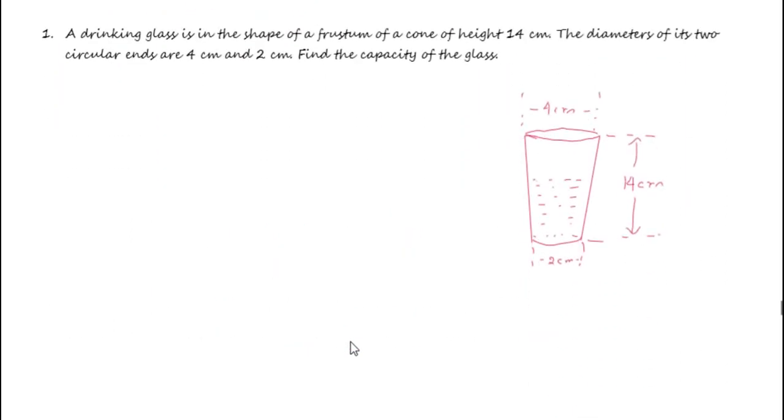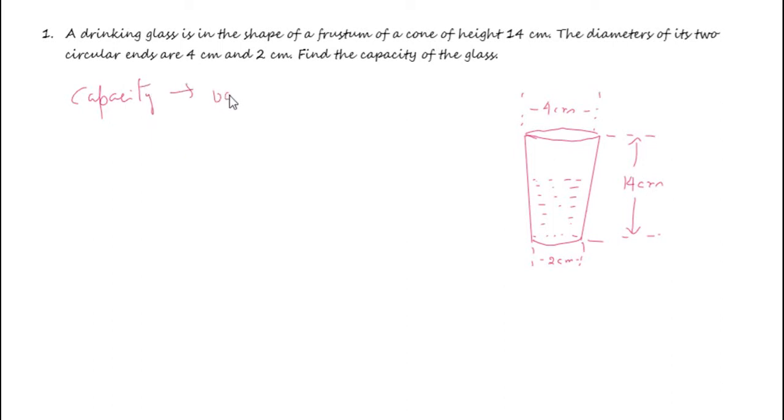Problem number 1. A drinking glass is in the shape of a frustum of a cone of height 14 cm. The diameters of its two circular ends are 4 and 2 cm. Find the capacity of the glass. Now, what is capacity? Capacity of the glass means the total volume.